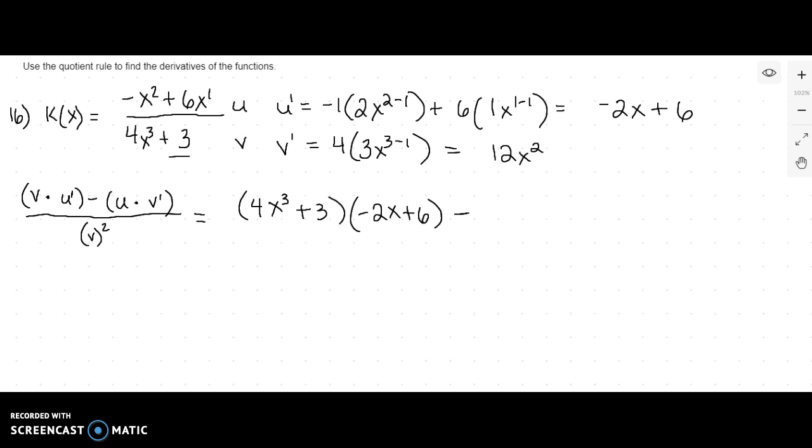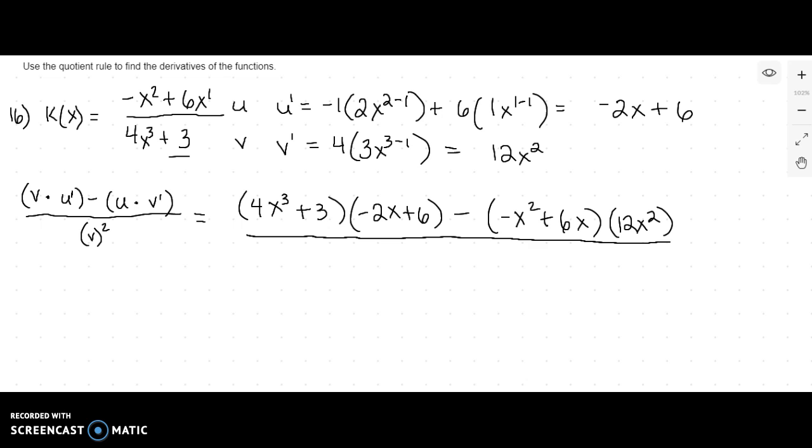And we're going to subtract from that, starting with u, which is negative x squared plus 6x, and the derivative of v, which is 12x squared. And we're going to put that over v squared, which will be 4x cubed plus 3 squared.